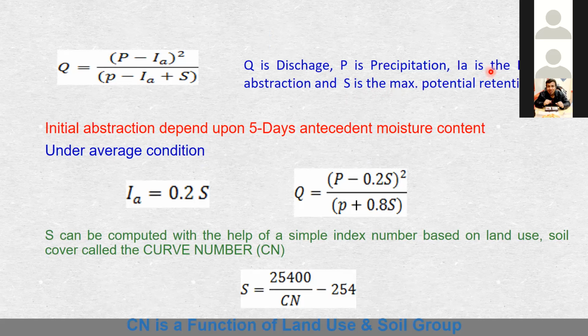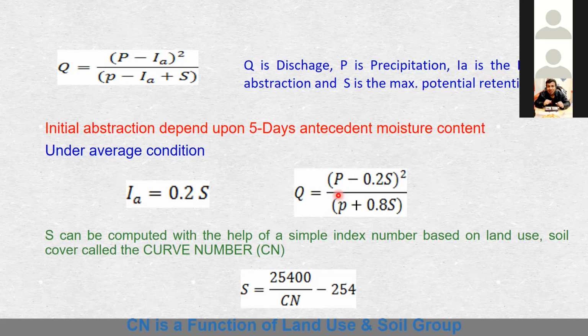IA, the initial abstraction, means that when water falls on the ground, some amount of water will infiltrate downwards, and it totally depends on the LULC, that is land use land cover, and soil type. So these parameters will generate an IA and S for that particular ground.